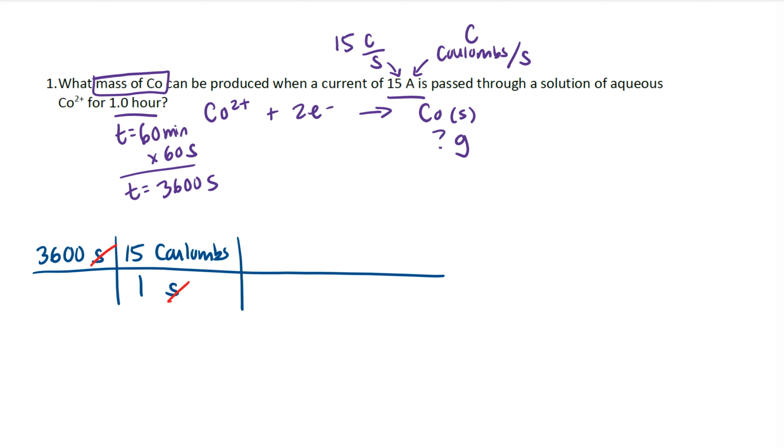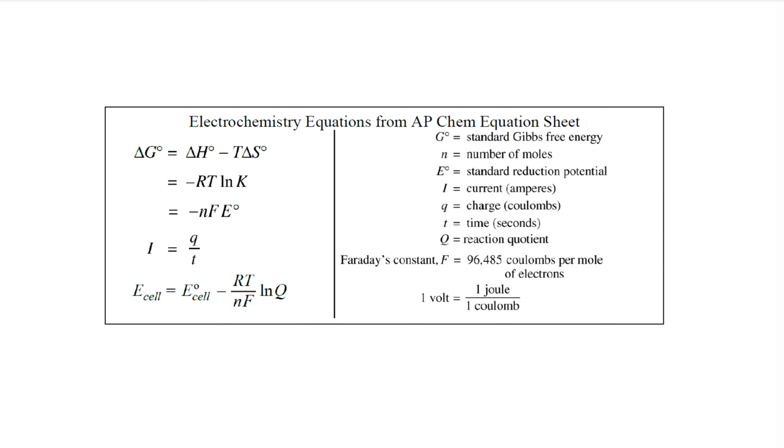And now I'm going to refer to Faraday's constant, which is F. Faraday's constant is 96,485 coulombs per 1 mole of electrons.